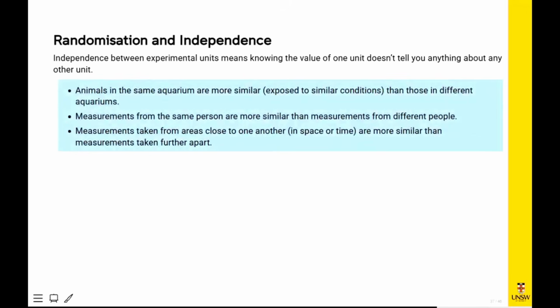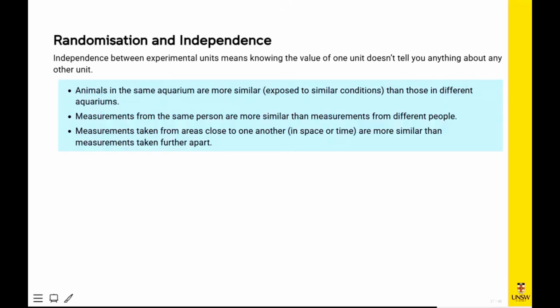So for example, if you are an ecologist studying fish and you've got aquariums, the fish in one particular aquarium are more like each other because they're living in the same environment than they are to a fish from another aquarium. They're exposed to the same conditions, whereas the other aquariums can be quite different.